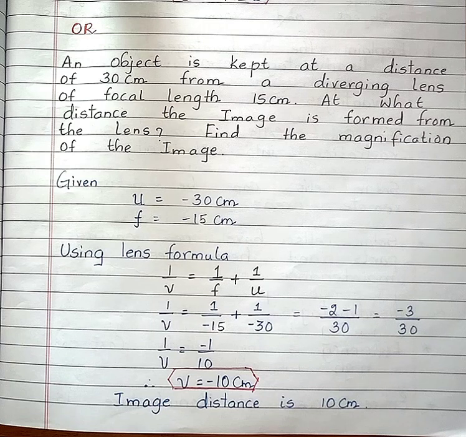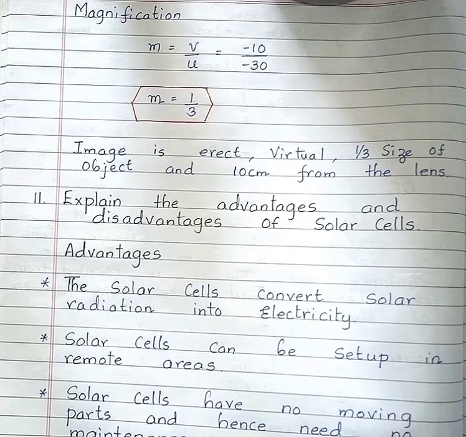We are taking negative sign because it is a diverging lens. Using lens formula, 1 by V equals 1 by F plus 1 by U. Substituting the value of U and F in the lens formula to get the image distance. 1 divided by V is equal to 1 divided by minus 15 plus 1 divided by minus 30.